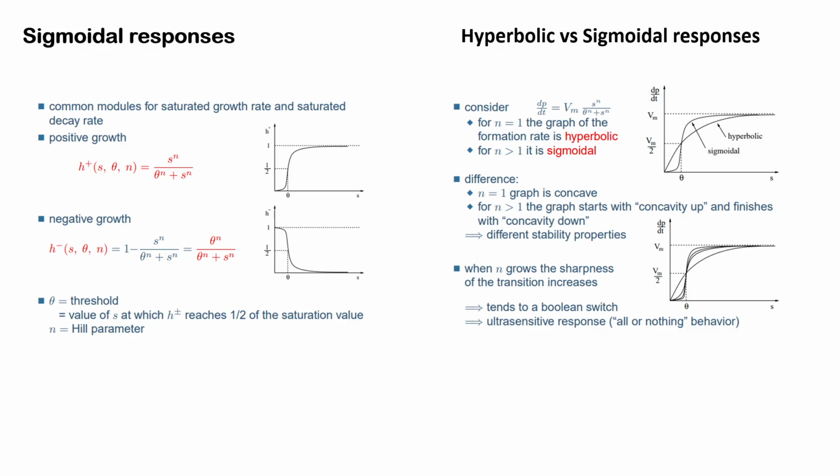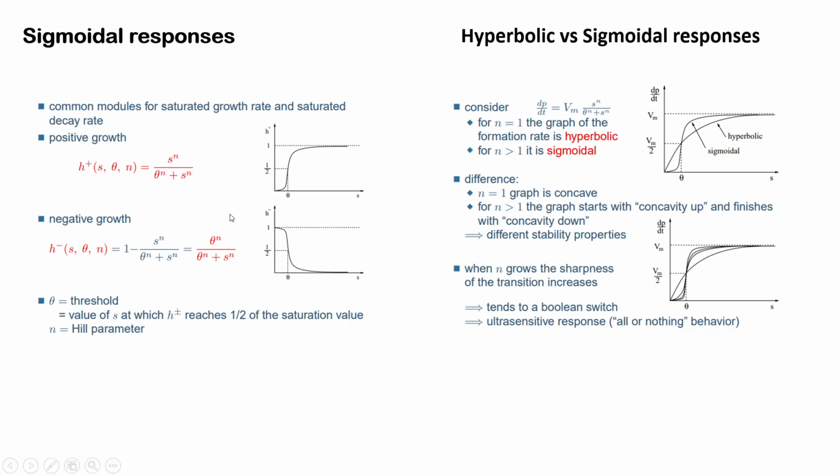So this theta will determine what the half of this is. You can imagine it to be kind of an analogy for Km. So if this is the Vmax, half of the rate will correspond to the theta.